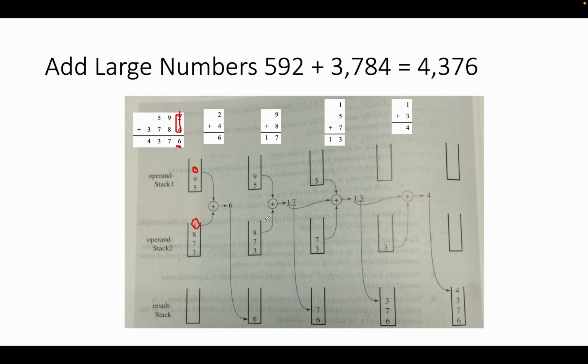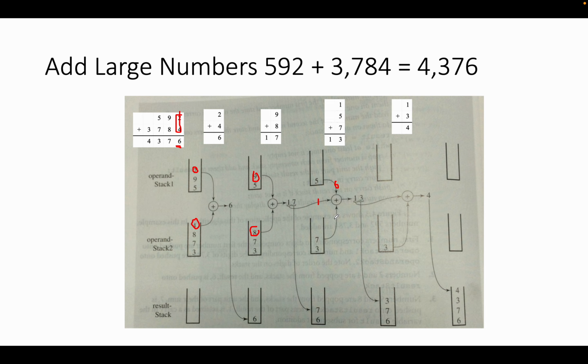There's no carry out, no carry in. So we pop the second unit, which is 9, 8. 9 plus 8 is equal to 17. So 7, put it here, and 1 is carried into the next digit. Carry in means you need to plus 1 here as well after you pop 5.